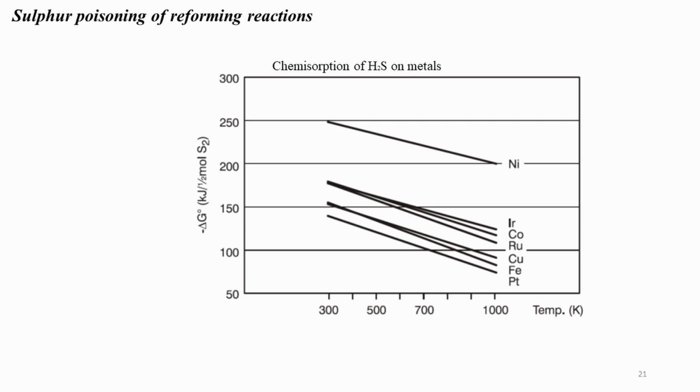Poisoning effects are often correlated with the poison concentration in the feed stream, which of course is an important parameter in practical operation.